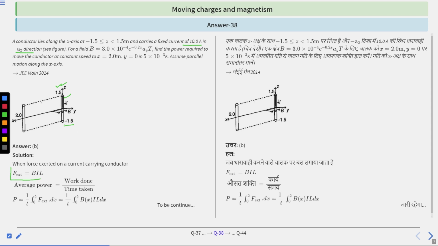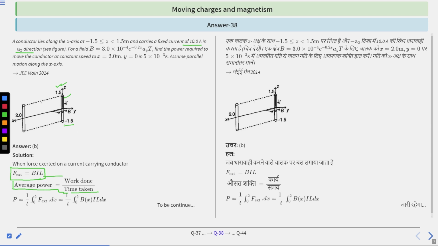The formula of average power is work done divided by time taken.